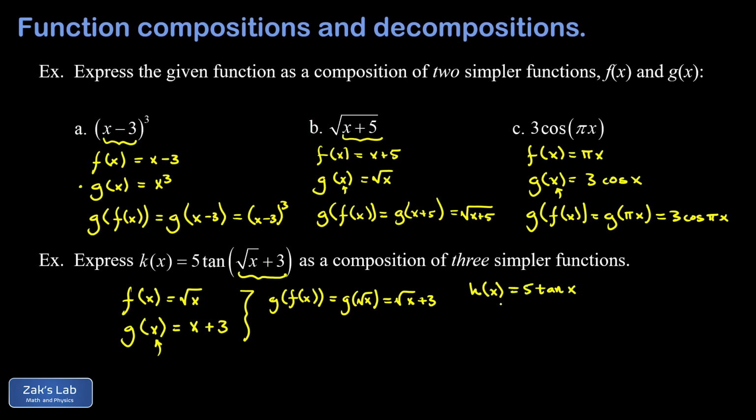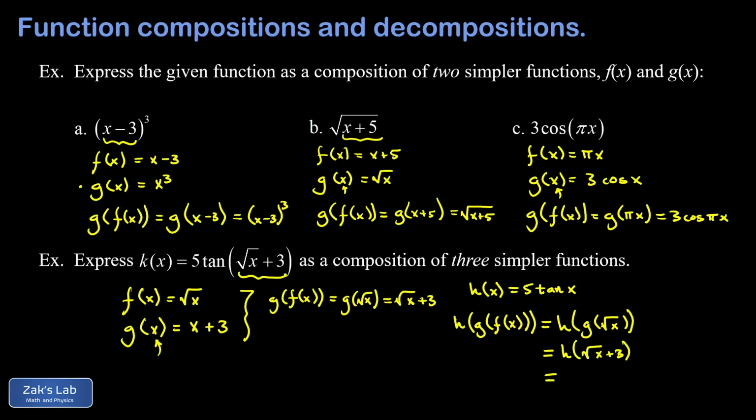Now just to verify that this is all working, we can look at h of g of f of x. And just replacing f of x with square root x, this gives me h of g of square root x. But g of square root x, we already figured this out, is square root x plus 3. So I end up with h of square root x plus 3.